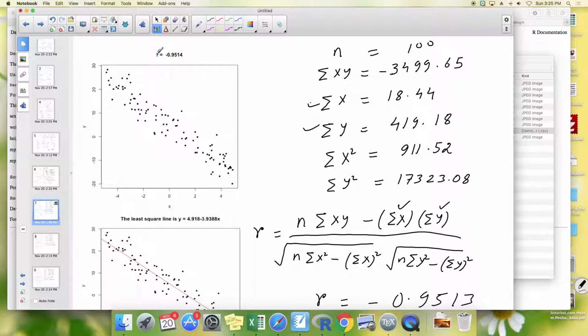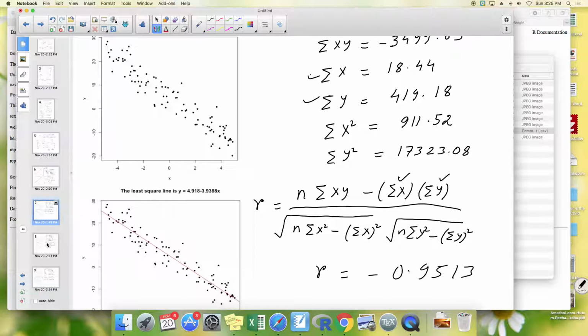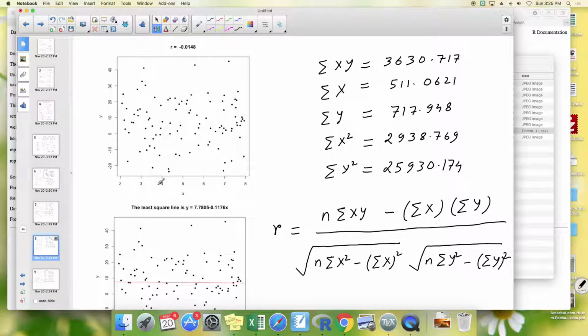Here minus 0.9514, so direction is negative, but it's also strong. For this one, r is minus 0.0148, so that's negative but weak.